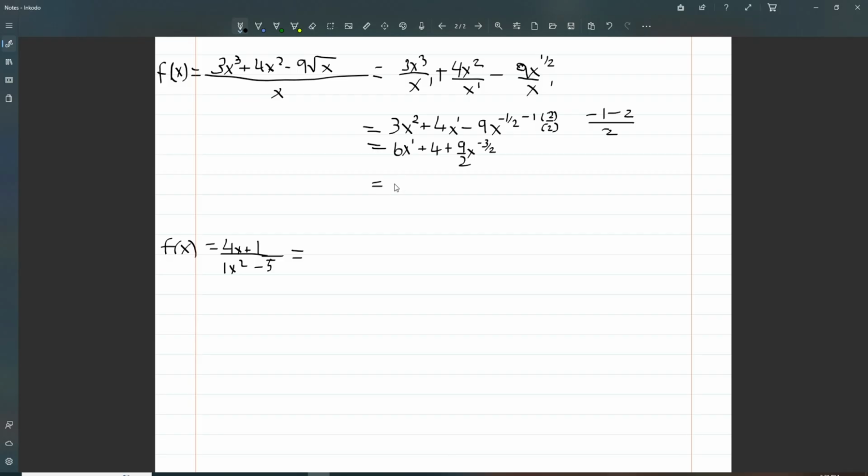So another way you can write the solution is 6x plus 4 plus 9 over the cube root. Oh, I'm sorry, I forgot the 2. 9 over 2 times the cube root of x.